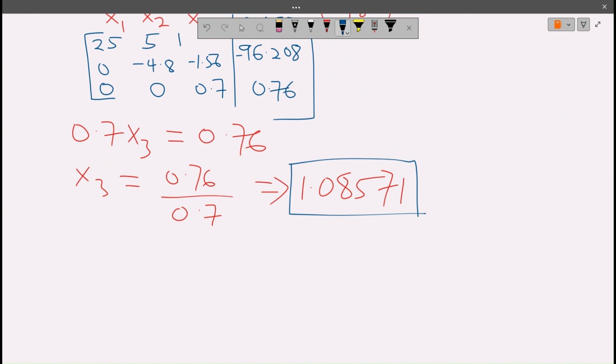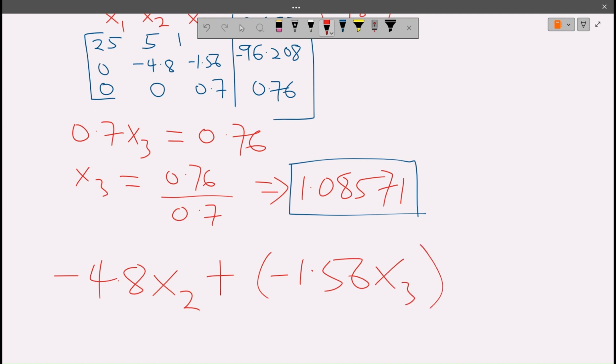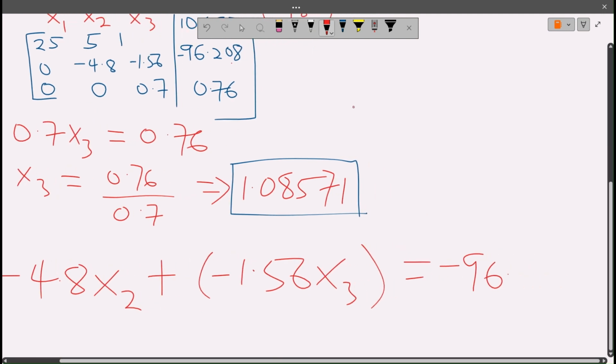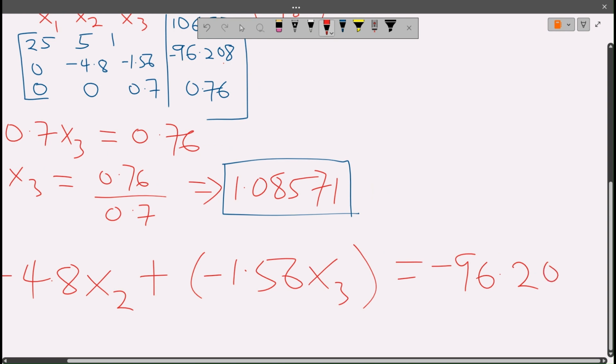For the second row, we have negative 4.8 S2 plus negative 1.56 S3 equal to negative 96.208.